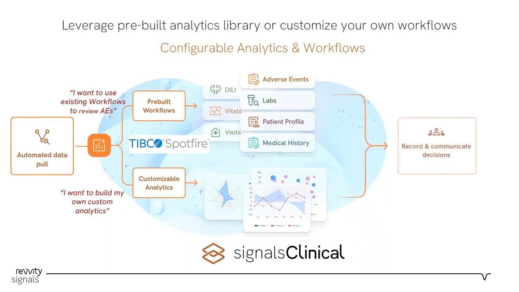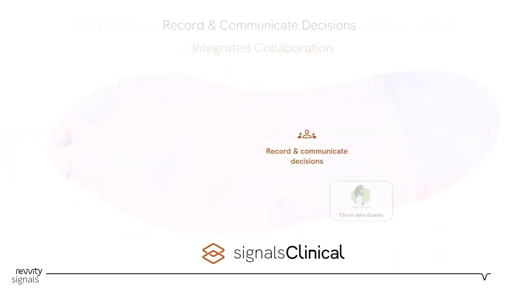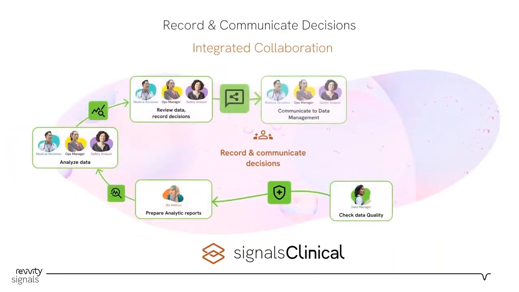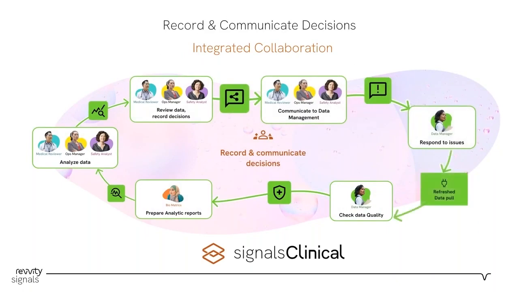But both of the layers will help you get to the ability to do line listing, so you can record and communicate decisions in one collaborative platform. So you could have a multitude of different roles. Standard flow: data comes in, the data manager checks the quality, your biometrics team prepares the data, and whether you're a medical reviewer, ops manager, or safety analyst, you analyze the data and review or record decisions on the data.